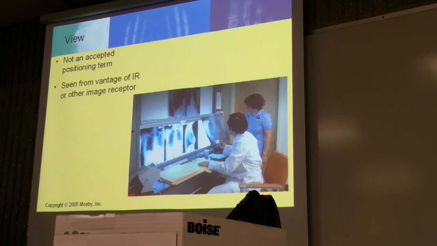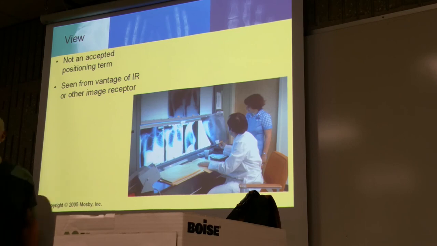It's something we don't use a lot when talking about radiographic imaging, because, as it says here, it's not accepted as a positioning term. It is seen from the vantage of the image receptor. So basically it's a mirror of the actual position, or the projection, so to speak.